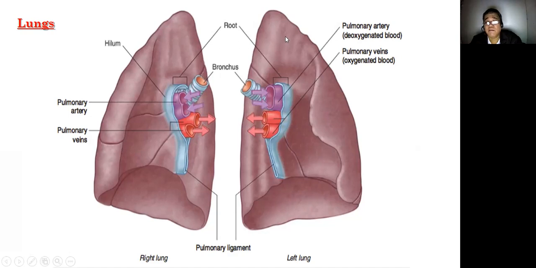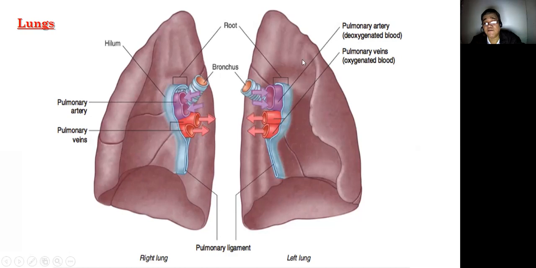And what else can we see in the mediastinal surface of the lungs? Yes, there are some grooves or impressions that we could visualize on the mediastinal surface of the lungs. These are actually imprints of structures in the mediastinal portion of the thoracic cavity.